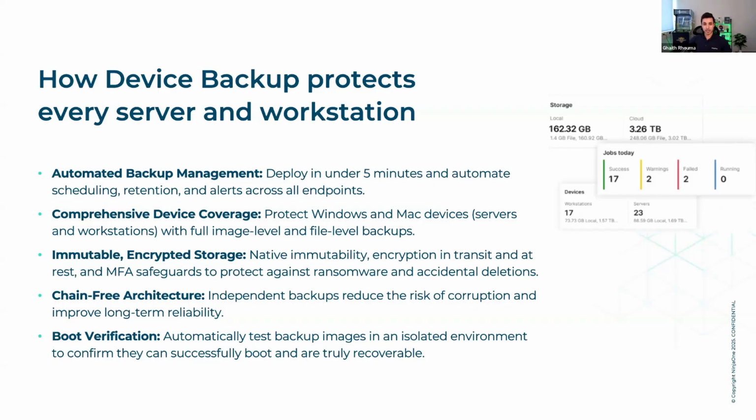Okay, device backup. How device backup protects every server and workstation, right? So theoretically, backup is automated, right? We have policies in Ninja. Policies is the mastermind behind everything. Inside the policy is where basically you set up the condition, the monitoring side of things. You have the patching, you have everything.